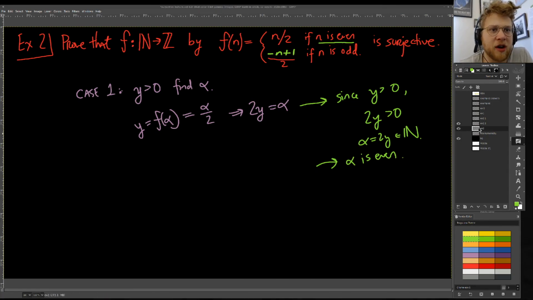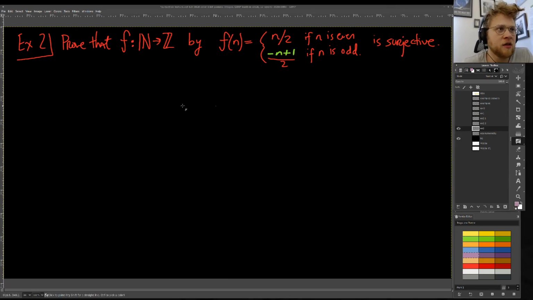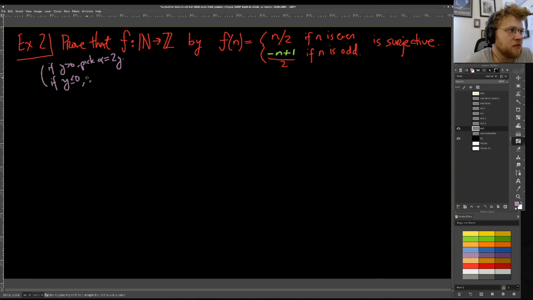So I'm going to go ahead and organize our thoughts here on the final slide. If y is greater than 0, pick alpha equals 2y. Next, if y is less than or equal to 0, pick alpha equals, and then we just need to find the appropriate value of alpha.